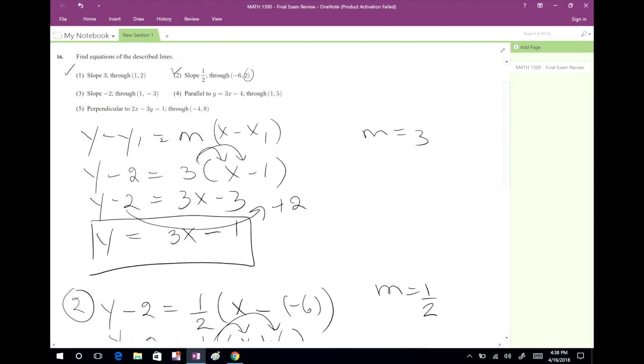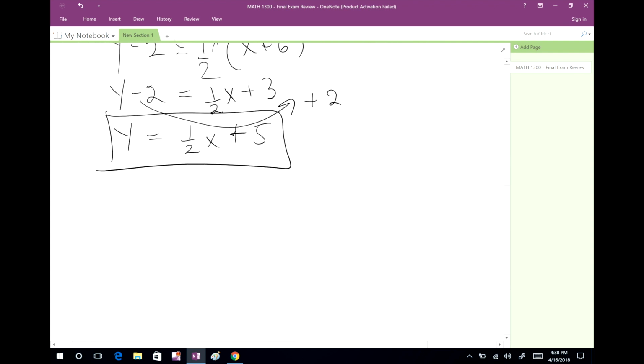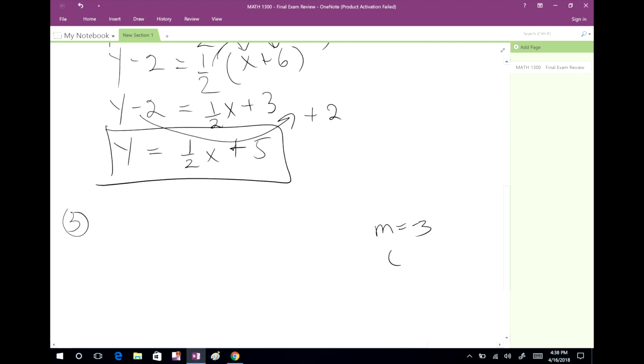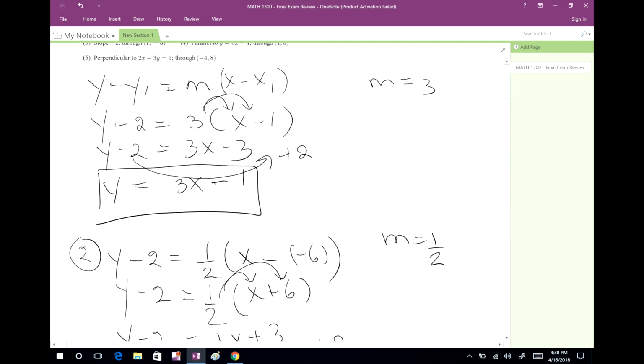Okay, for number 3, our m is negative 2. Let me go ahead and transfer everything down here. My m is negative 2 and my point is 1 and negative 3.